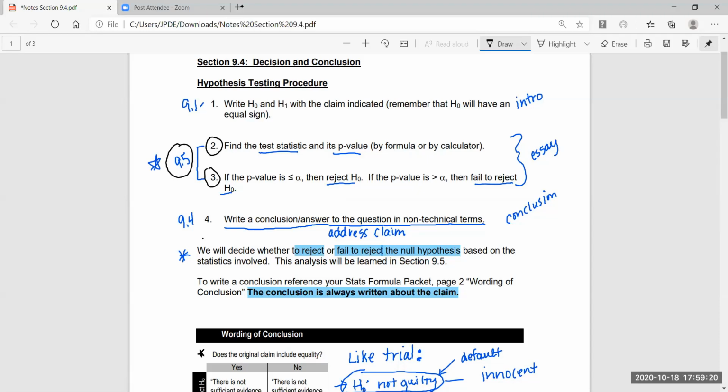So you can go ahead and start on your MyOpenMath work for 9.5. When you get ready to do that, it's a little heavier. So make sure you've allotted some time and you have your calculator and you're ready to focus, because that is a little bit more rigorous section.